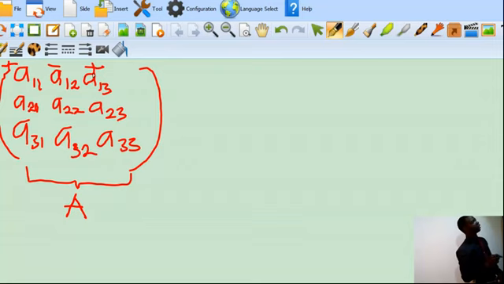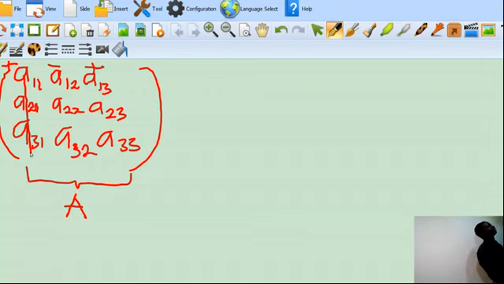Now, if you want to obtain the determinant for this matrix A, what you need to do is take your first element, which is A11, and from that element you cross out the line down, and the corresponding row towards your right side.